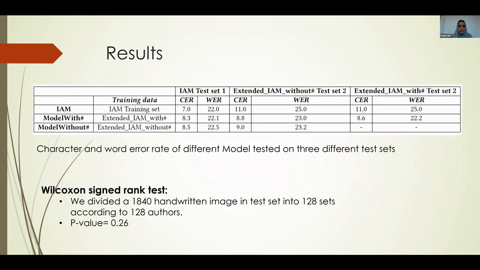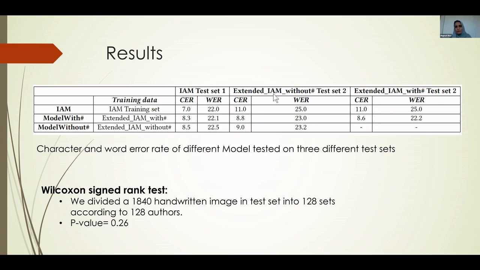The results say that we have 3 models and 3 test sets. One is IAM, where there is no cross out. We got a 7.1 character error rate, and the word error rate is 22%.